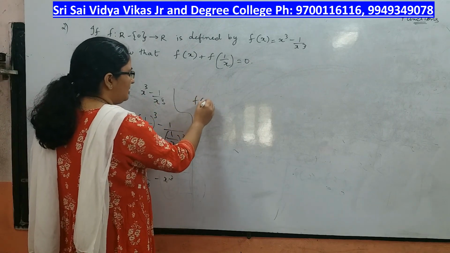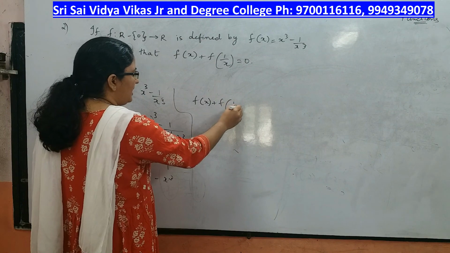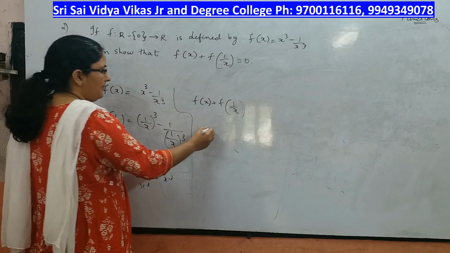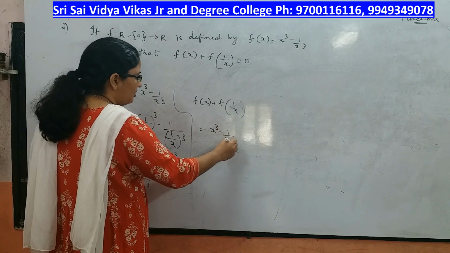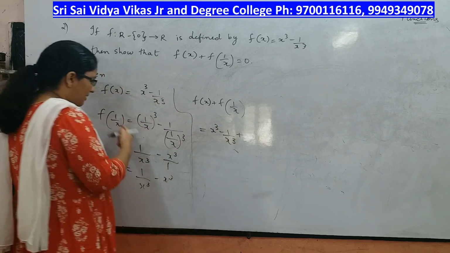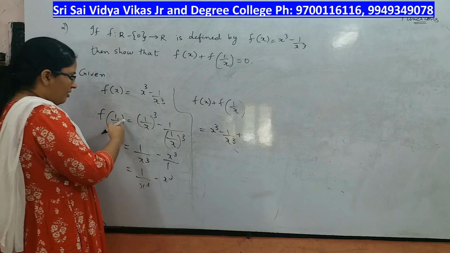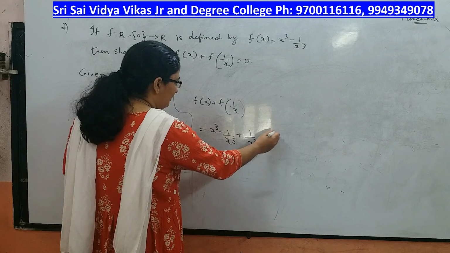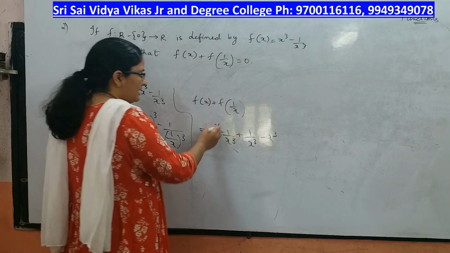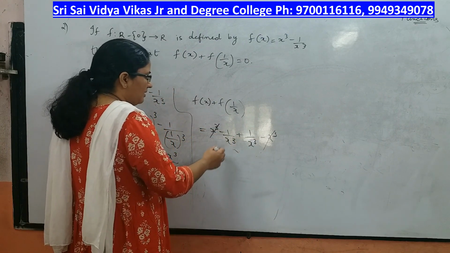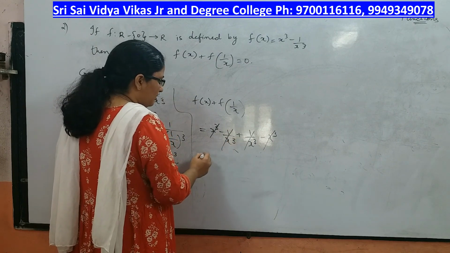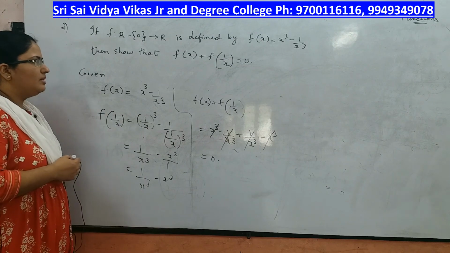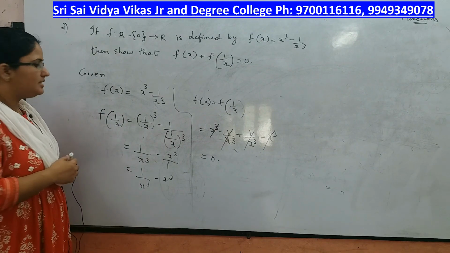F of x plus f of 1 by x is equal to x cube minus 1 by x cube plus 1 by x cube minus x cube. Plus x cube minus x cube cancel, minus 1 by x cube plus 1 by x cube cancel, you have 0. So, that's about this problem. Let us discuss the next problem.